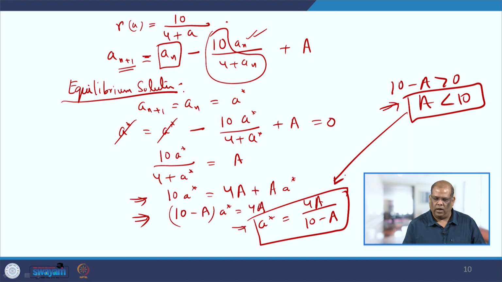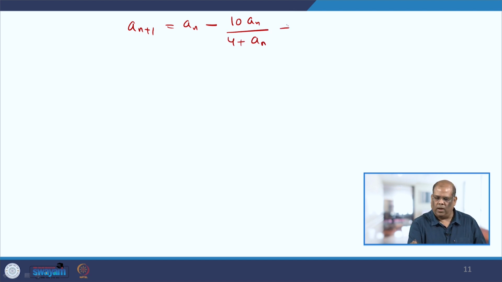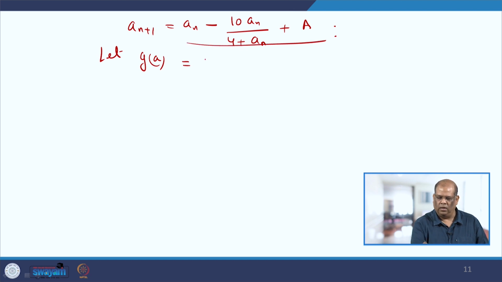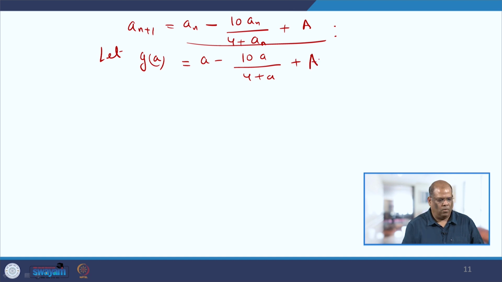So, once you get the equilibrium solution, then you go for the stability analysis. Here the model is A n plus 1 equal to A n minus 10 A n by 4 plus A n, plus A. So, let G of A be equal to this whole thing, A minus 10A by 4 plus A plus A, where your A star is given by 4A by 10 minus A, and this is your equilibrium solution.